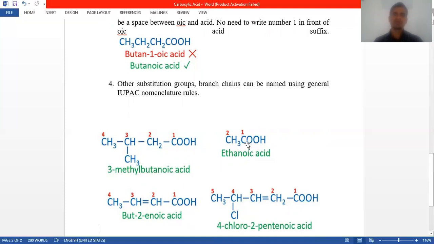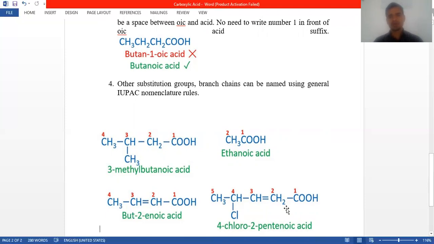Next example contains a 2 carbon atom chain, so the corresponding alkane is ethane. E is replaced with oic acid and the name becomes ethanoic acid. The third example contains a 4 carbon atom chain, but there is the presence of a carbon-carbon double bond, so it is but-2-enoic acid.